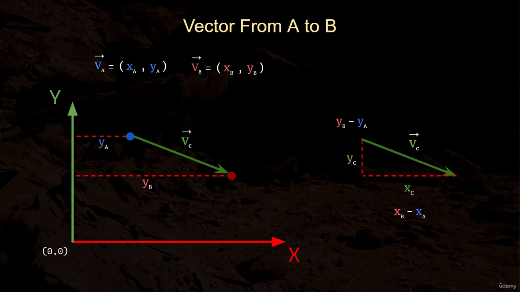Now, something kind of funny is happening here. YB, if you look at the distance from the origin traveling up that green y-axis, we'll reach YB before we reach YA. This means that YB is a smaller distance than the distance from the origin to YA, clearly. So if we take a smaller value and subtract a larger value, we're going to get a negative number, right? But look at our VC vector.